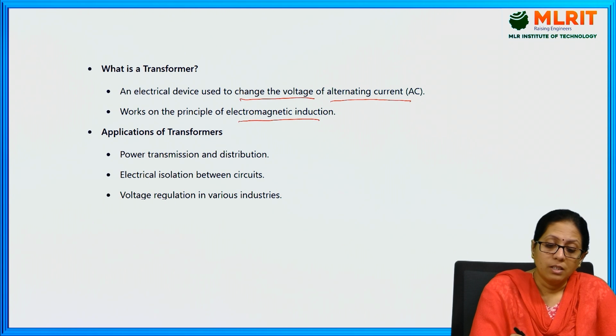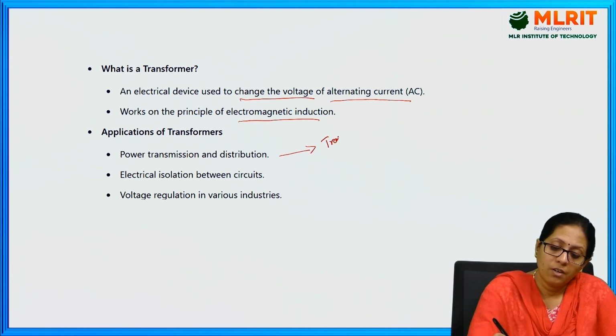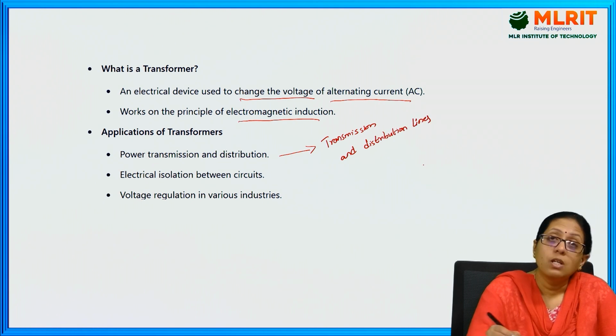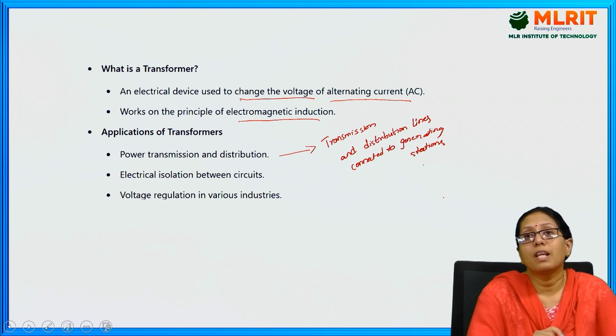That means power transformers are used in transmission as well as in distribution lines, which are connected to generating stations.